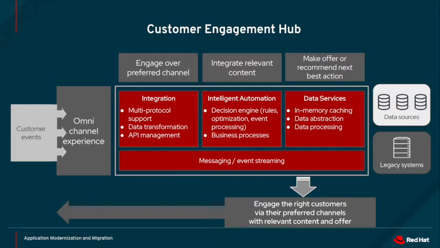This also involves integrating with existing legacy systems or data sources, and then appropriately taking an automated next best action or providing a response back in the customer's preferred channel. This is how you engage the right customers via their preferred channels and with relevant content and offers that you're giving them.